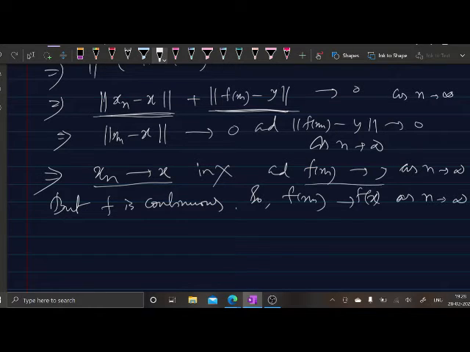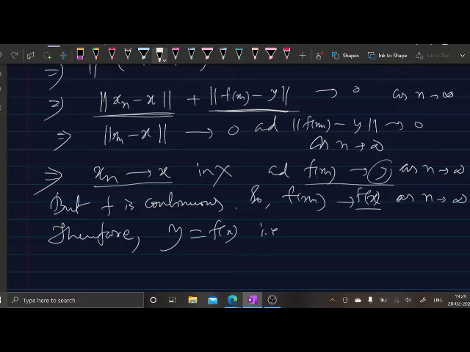But you have already proved that f(x_n) tends to y. So since you are living in normed linear spaces, it is a metric space, that means it is Hausdorff. So the limit of this sequence must be unique. So therefore, this limit y and f(x) will be the same. So y equals f(x).